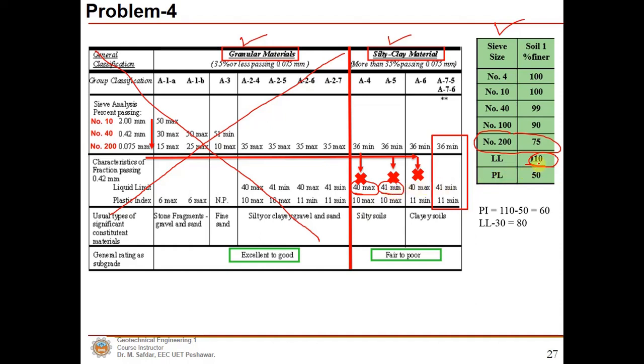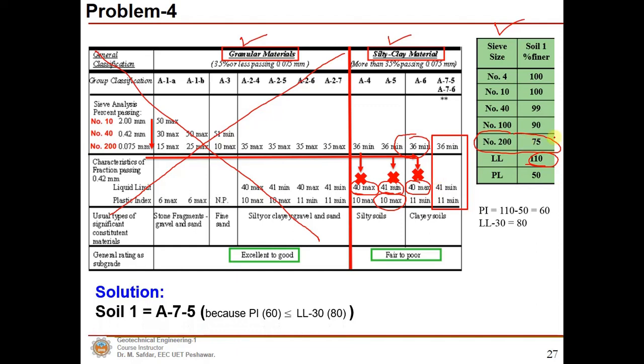For 41 minimum, this is the liquid limit information, so it's okay, maybe. Now how about the plastic limit? The plasticity index is maximum here, so we can cross that one as well. How about the percent finer at 200? That's 75, 35 minimum is good. 40 is the maximum, no, that's wrong, so we can cross that one as well.